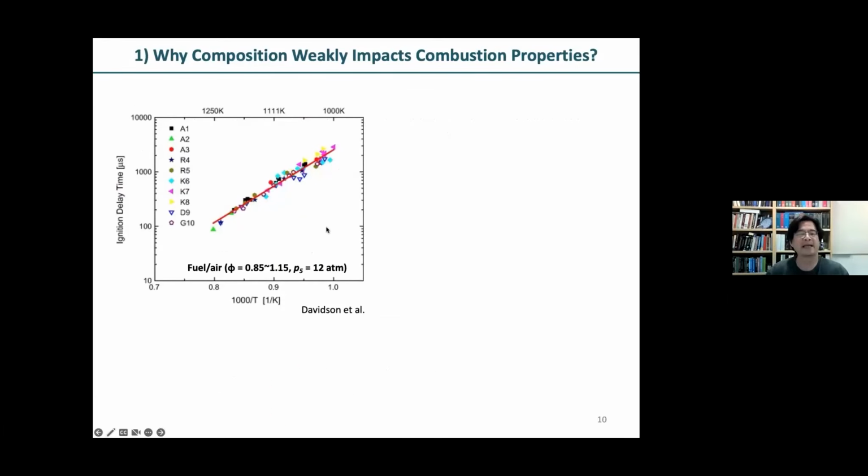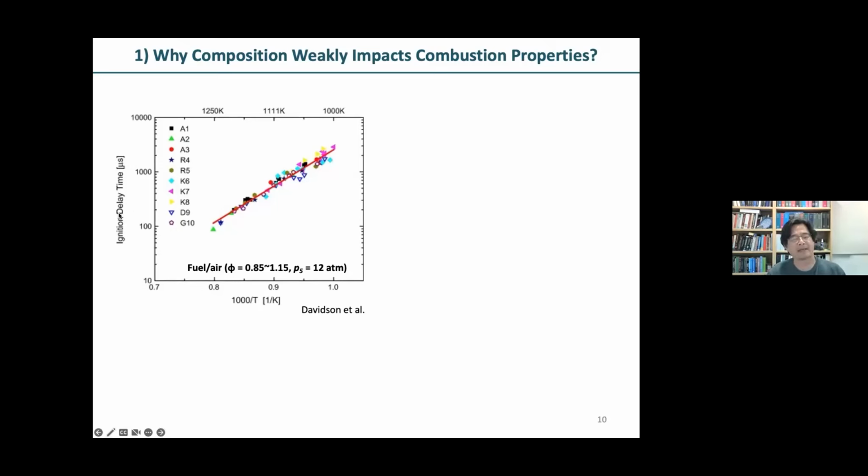If you take a range of jet fuel, A1, A2, A3 are three representative jet fuels you found in the United States. R4, R5 are two rocket fuels. K6, 7, 8 are some other generic kerosene fuel. D is diesel. G is gasoline. Those are random samples you can find in laboratories in the world.